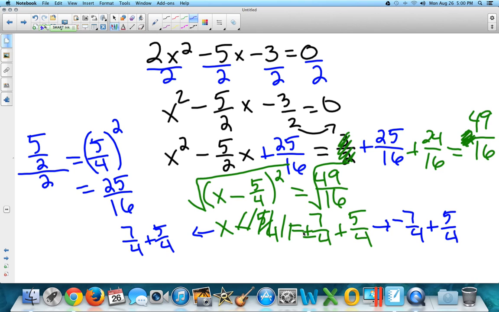Okay, so x is equal to both of these answers. This one is going to get me negative 2 over 4, which is going to get me negative 1/2. And this one is going to get me 12 over 4, and 4 goes into 12 3 times. So that is how you solve this quadratic by completing the square.